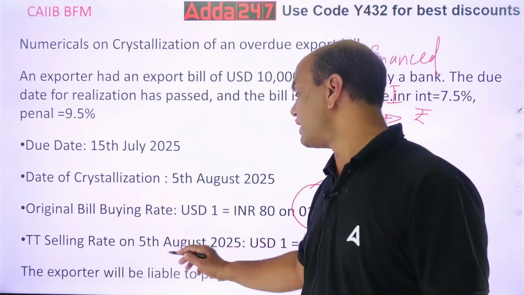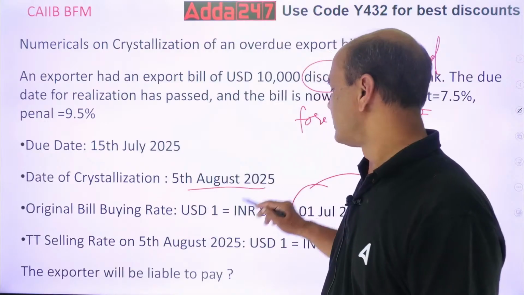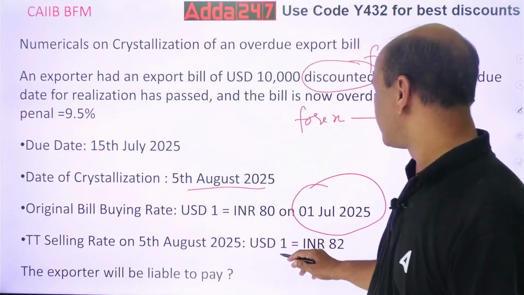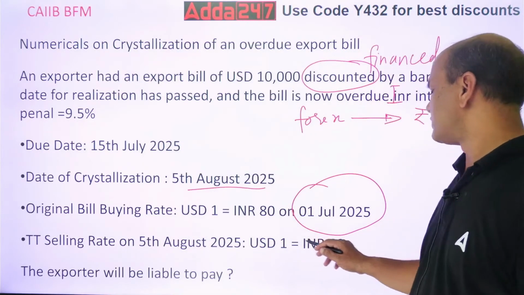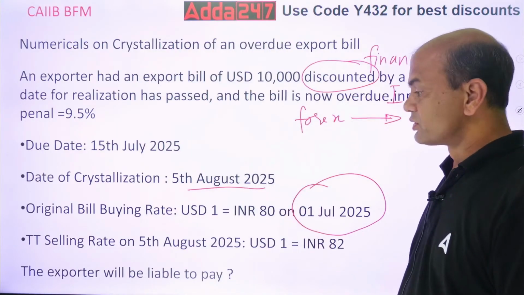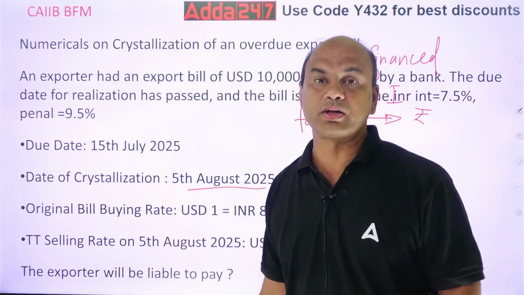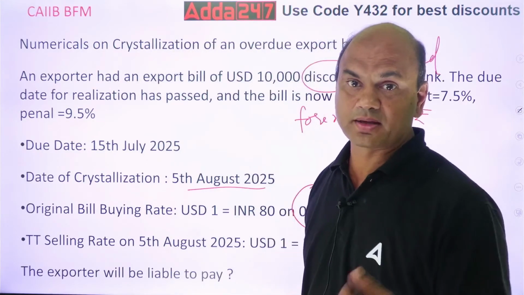TT selling rate on 5th August, the crystallization date, is 1 USD equals INR 82. So what amount should the exporter pay to the bank?